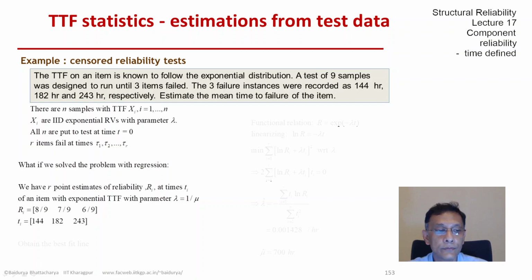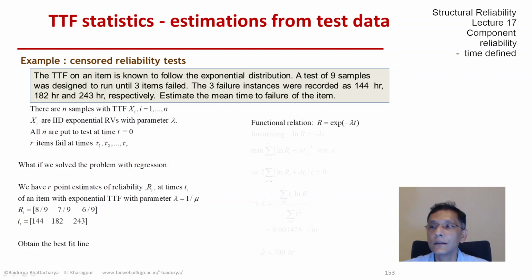That is very helpful. So can we not estimate lambda from just this information? Can we not fit a curve? Can we not do regression analysis? So we have R of 8 by 9, 7 by 9, and 6 by 9, and the corresponding T's are 144, 182, and 243. So we need to obtain the best fit line between these 3 points.